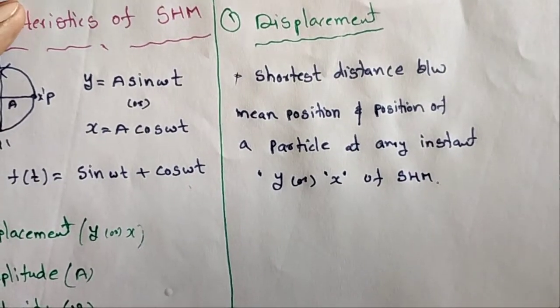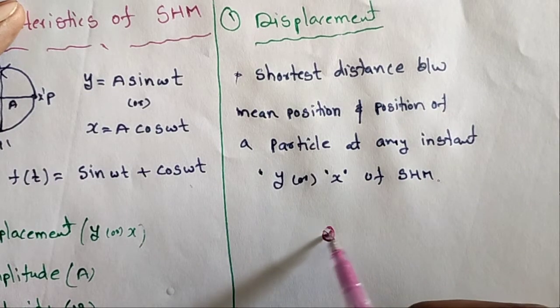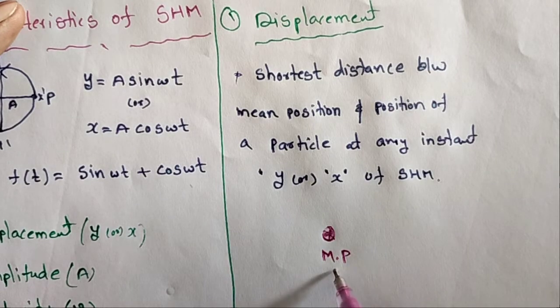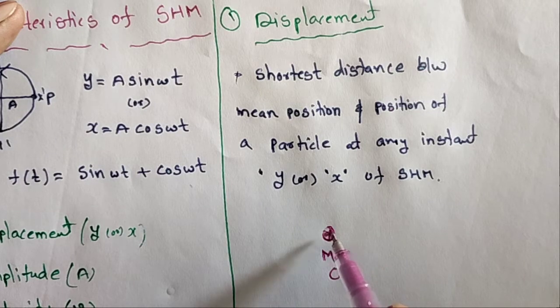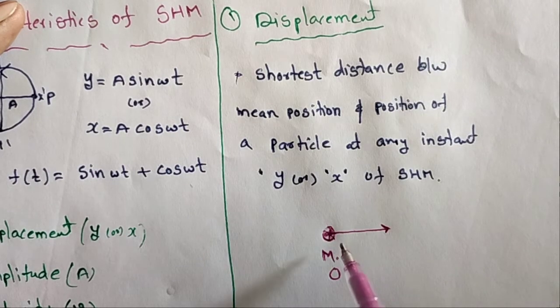Suppose this is the mean position, MP, and O is the mean position. The particle vibrates along the positive x-axis or y-axis here. Suppose it is displaced.